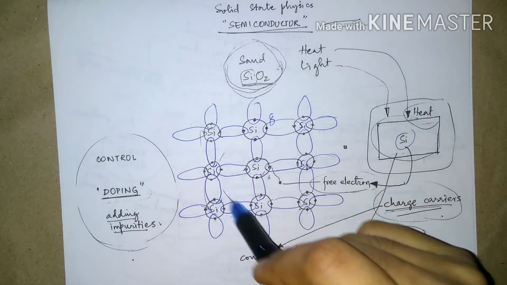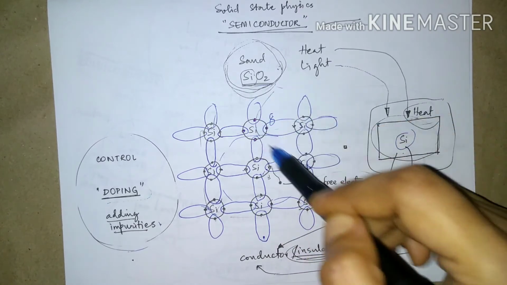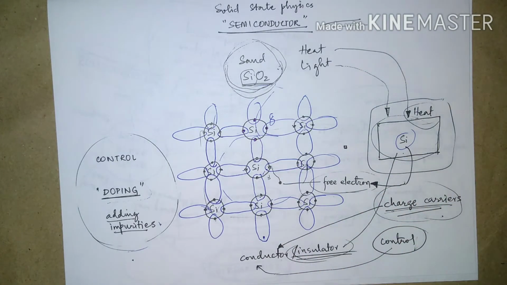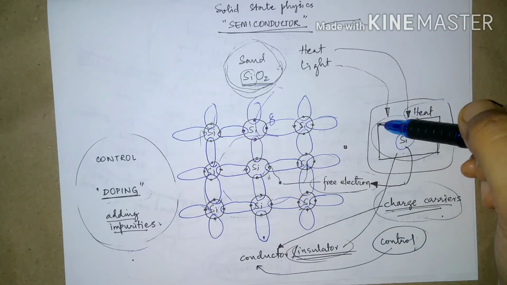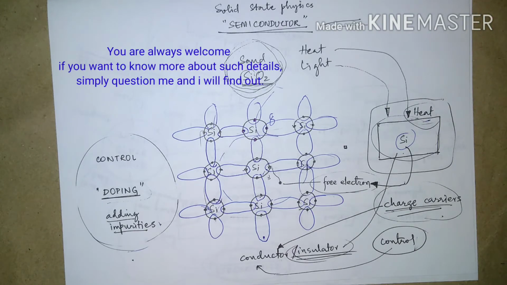Now this is already stable. Like that, this will get from this, this will get from this, and like that every silicon is stable. We may think about the silicon atoms at the edge, but let us not get into those details. That is not that important for us right now.